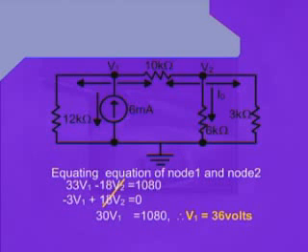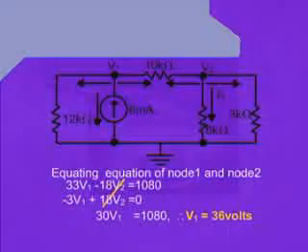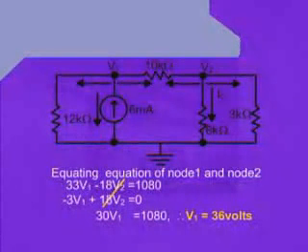That will mean that at the node 1, the voltage with respect to the reference node will be measured as 36 volts. Now, in order to calculate V2, we put the value of V1 into the respective equation.